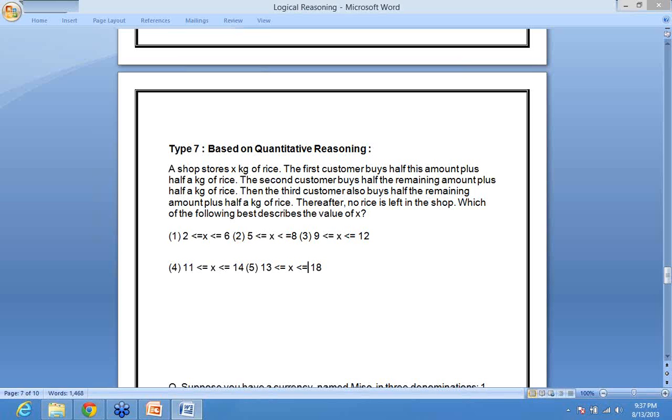So if we pick up option 2, one thing is evident here, that the question is based on odd numbers, right? And X would be an odd value. Supposing you pick up say 8, you will get 8 by 2 as 4, then you will minus half, it will become 3.5.